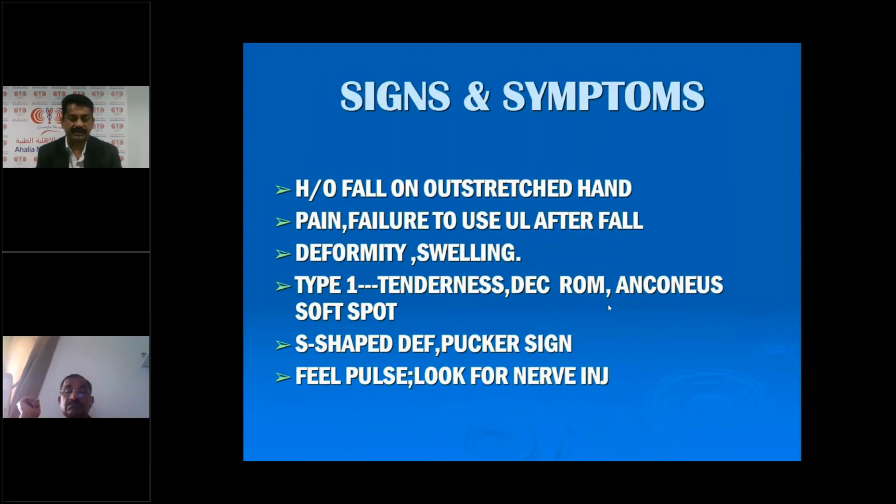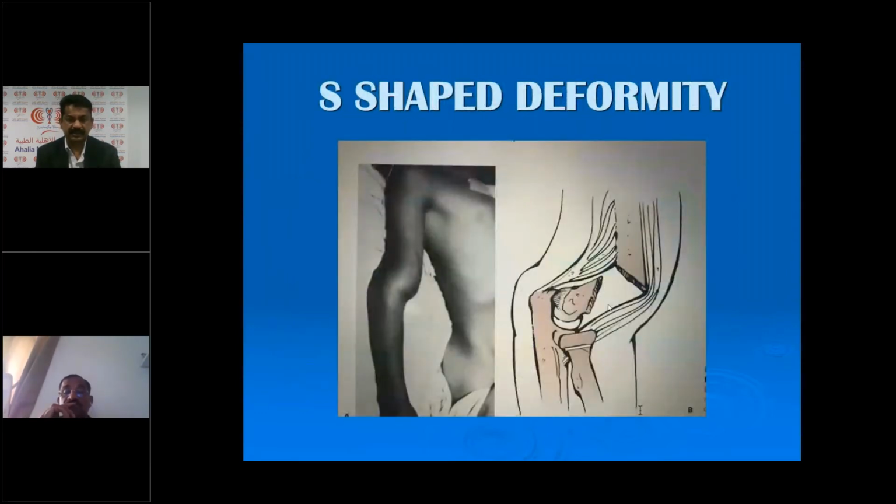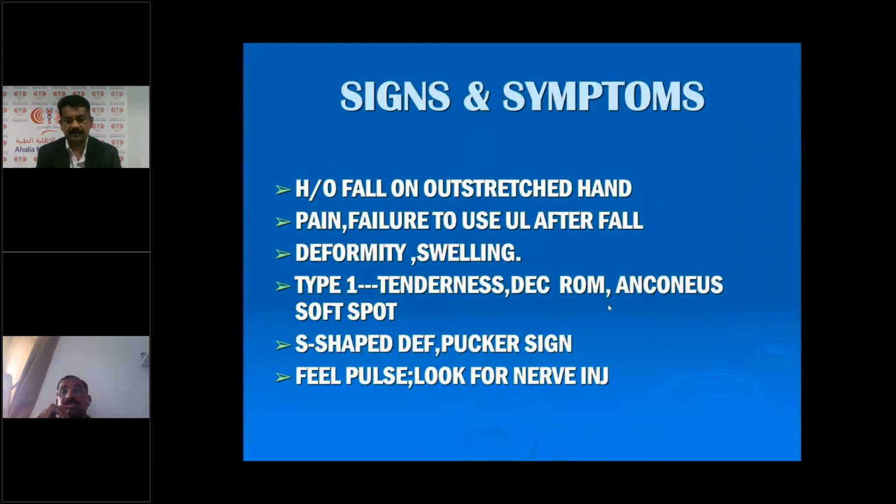There will be an S-shaped deformity like this. You can see the displacement of the distal fragment posteriorly causing the S-shaped deformity. There can be the pucker sign. In all the supracondylar fractures, one has to look for the vascularity, feel the pulse, the perfusion, and look for any neurological injury also.